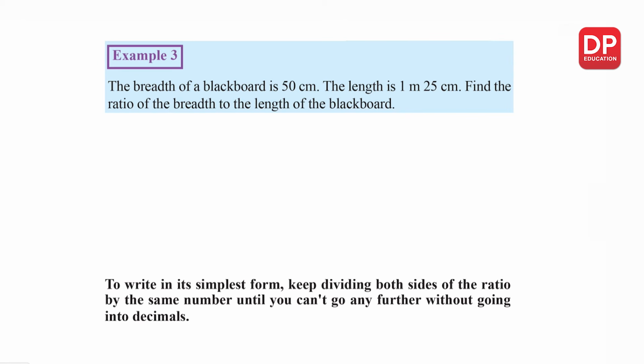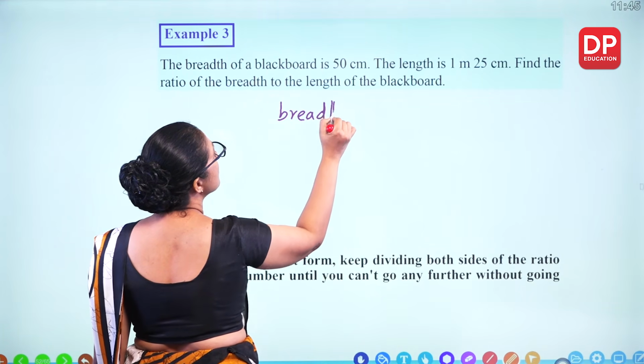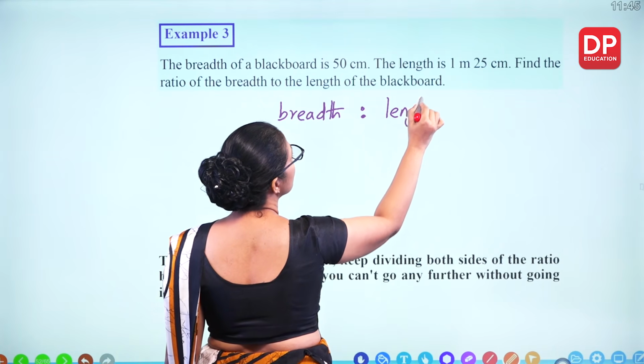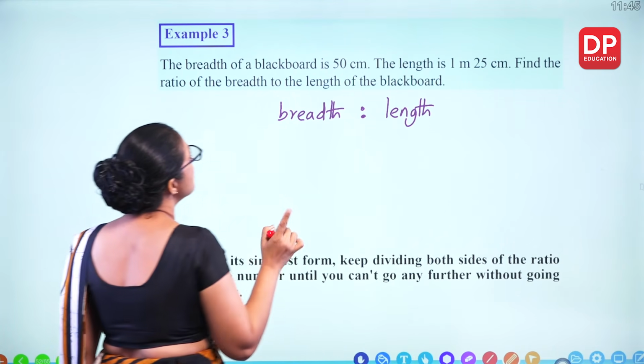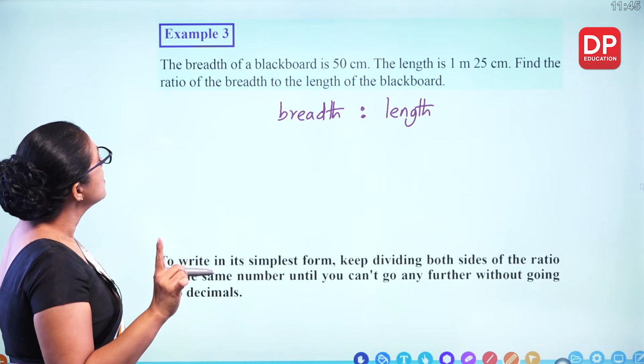The breadth of a blackboard is 50 centimeters. The length is 1 meter 25 centimeters. Find the ratio of the breadth to the length of the blackboard. So you need breadth to length ratio. And it's easy to convert to the same unit.